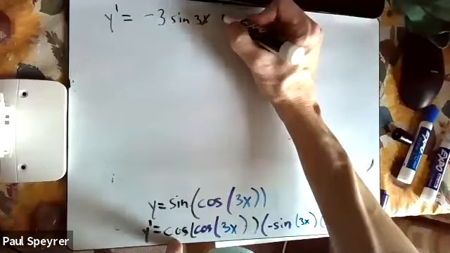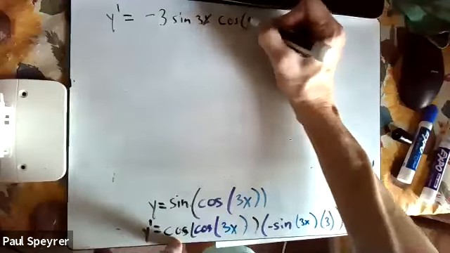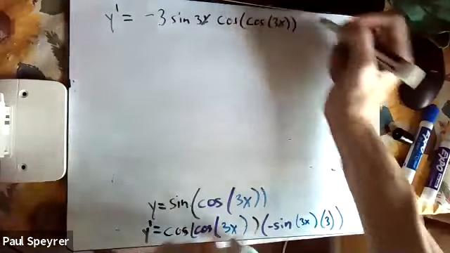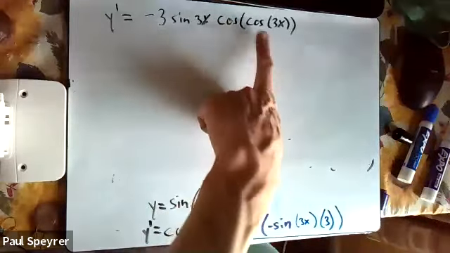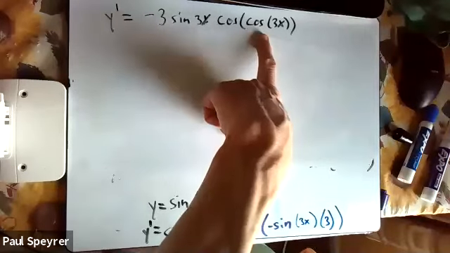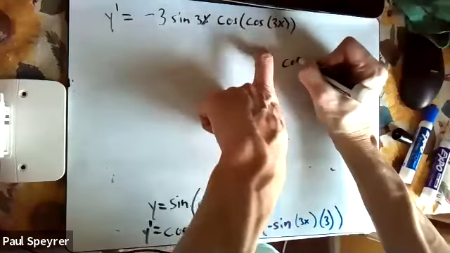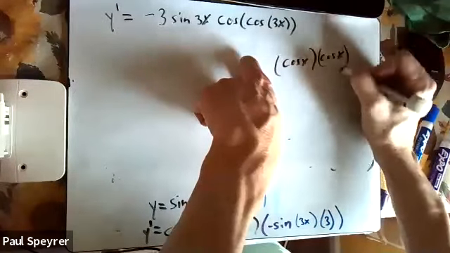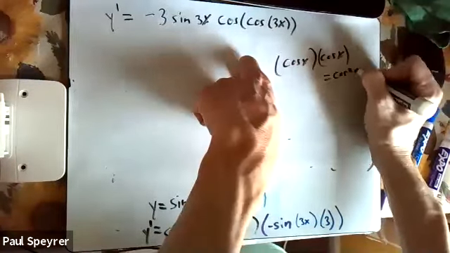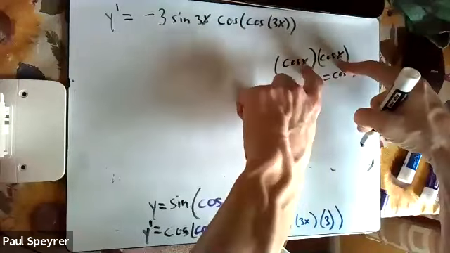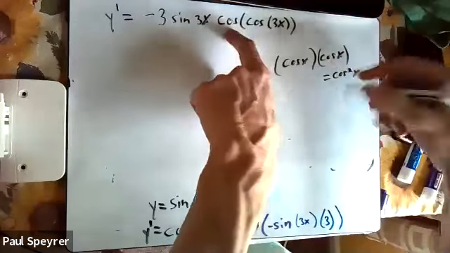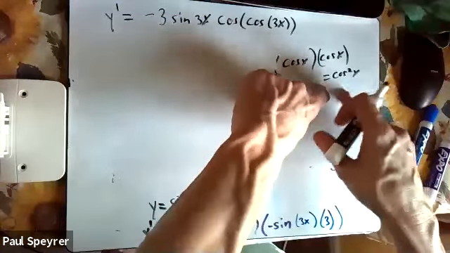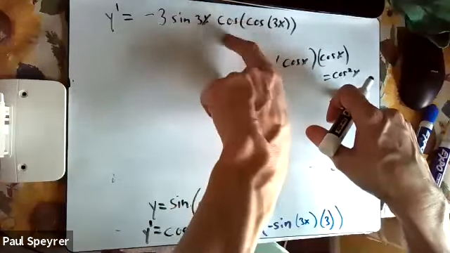And then the cosine of the cosine of 3x. Again, this is not cosine times cosine, which would be cosine squared, okay? This is cosine squared. See the difference, right? There's x's right here. This is embedded inside of that right there. These two are completely different. Do not multiply and write this. A lot of people do that. No, this is inside of this.